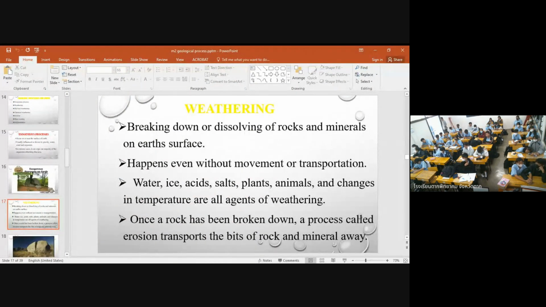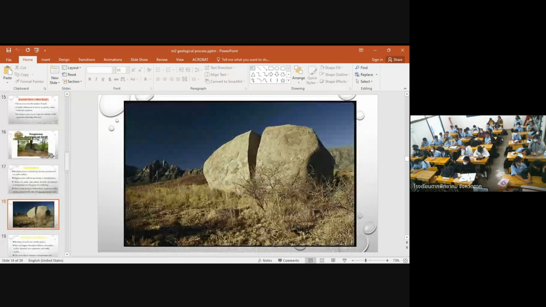Once a rock has been broken down, a process called erosion transports the bits of rock and mineral away. I have an example here. This rock is broken. Have you seen? These are weathering rocks.